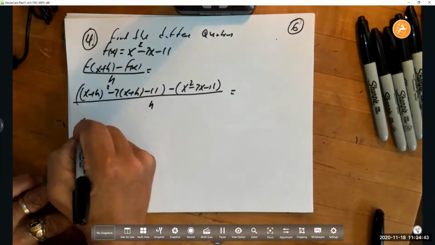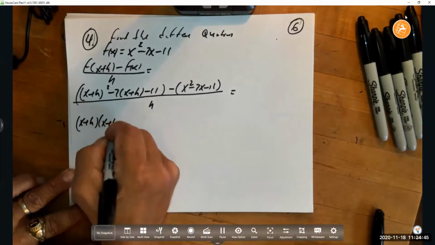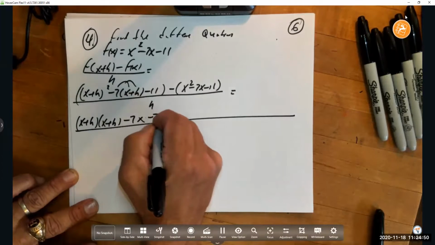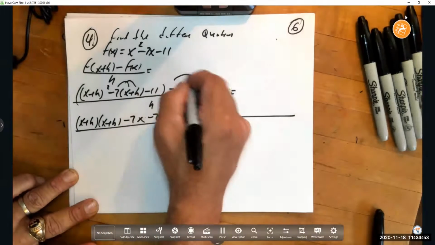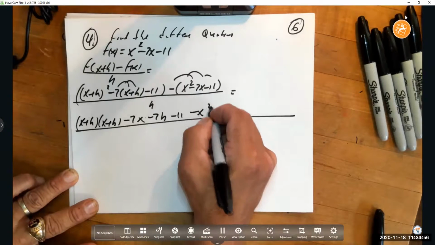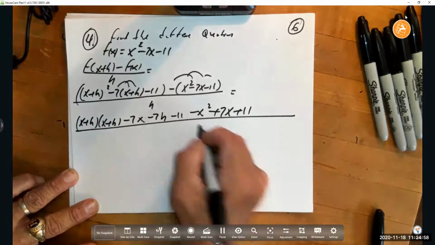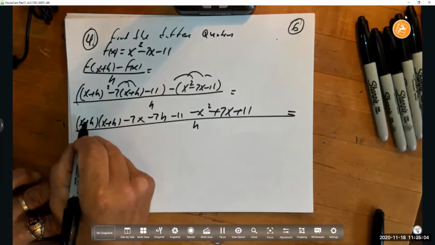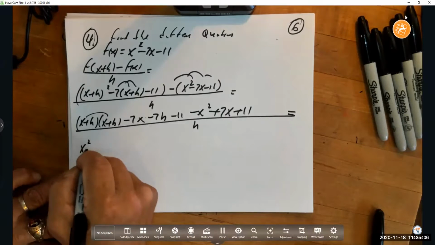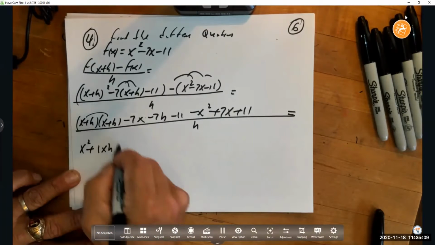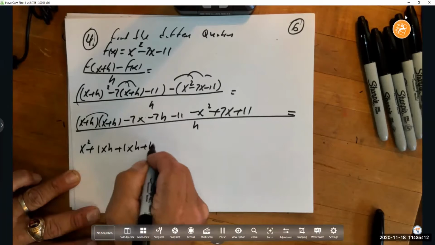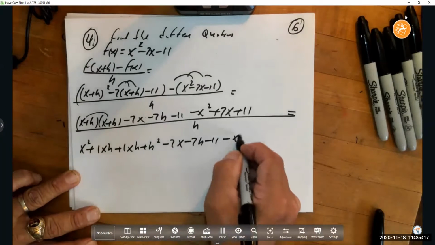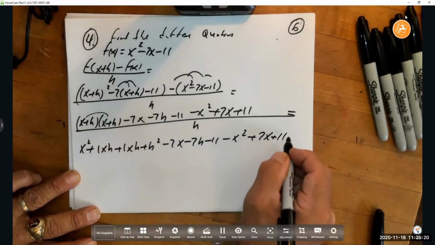So this one's twice. x plus h, x plus h. And this will be minus 7x minus 7h minus 11. This one changes signs. Minus x squared plus 7x plus 11. So this is going to be x squared plus 1xh plus 1xh plus h squared minus 7x minus 7h minus 11. Everything else is going to copy.